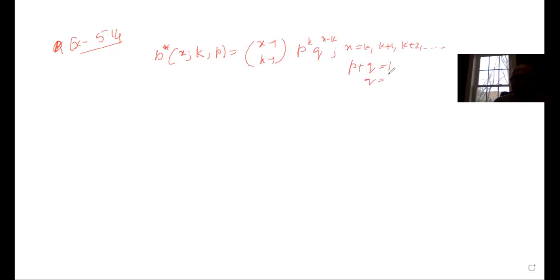So naturally, Q is 1 minus P. These are the things we have to keep in mind, and this is my negative binomial distribution.